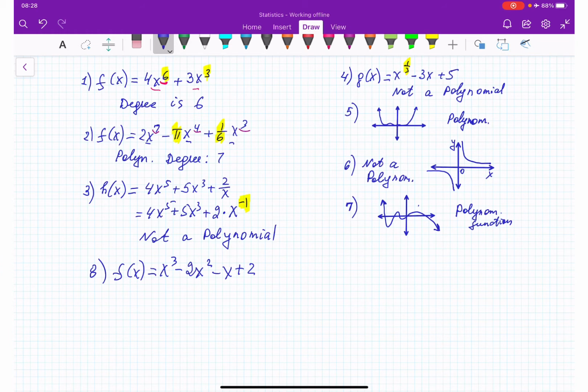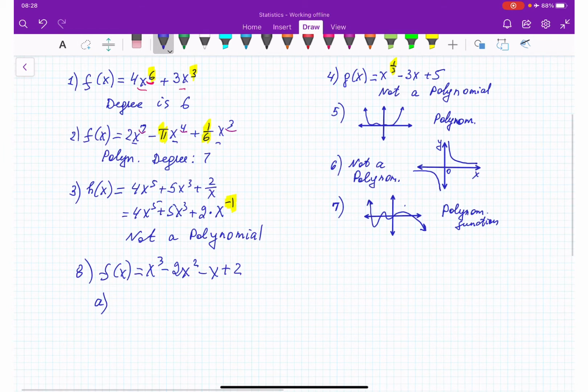So step 1, or A, we always start building the graph from end behavior. Any polynomial, you always start from the end behavior. Let me explain how it works.